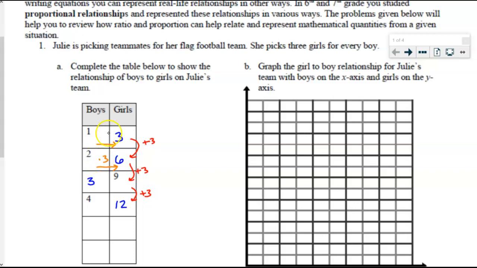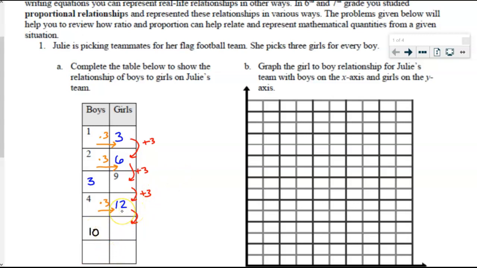And the reason why that's such an important relationship is because a table is a great way to organize information, but it doesn't always have to be this certain specific pattern. I could decide, you know what, it's a really big team. What if Julie chose 10 boys? Now I can't just add 3 going down the table anymore, right?